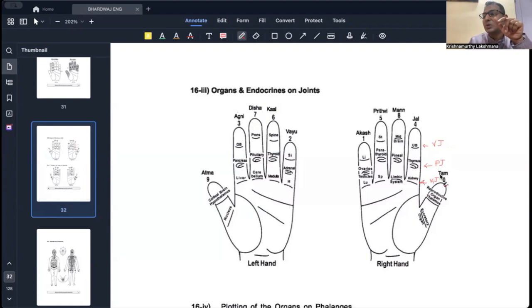Then what to do? The thumb has only two joints. So what is done is, the first upper joint is the Vata joint plus Pitta joint, and the bottom joint is the Kaph joint.